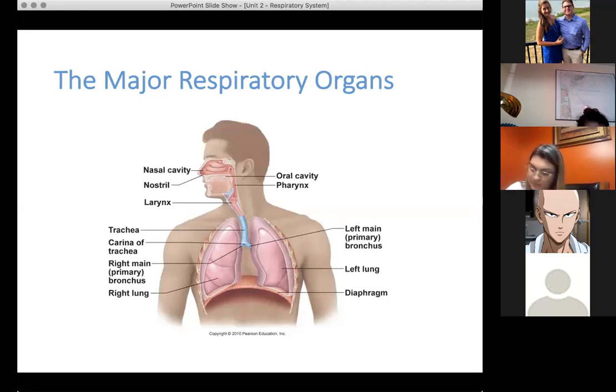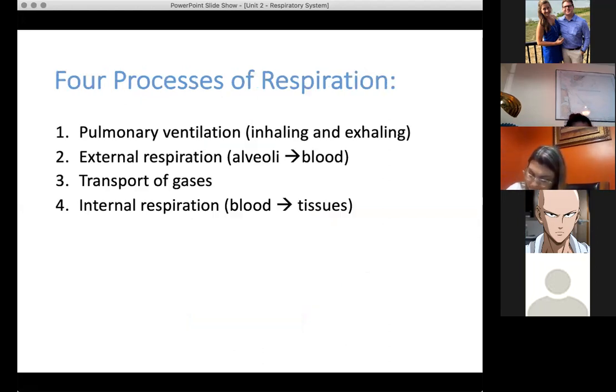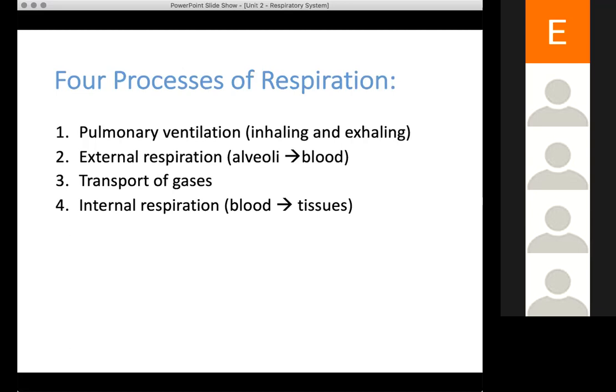Okay, so the four main processes that are involved in respiration are, first of all, pulmonary ventilation, which is breathing. So that is just the movement of air in and out of the lungs.